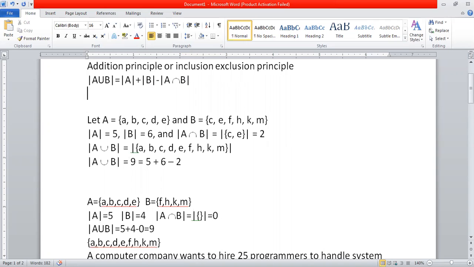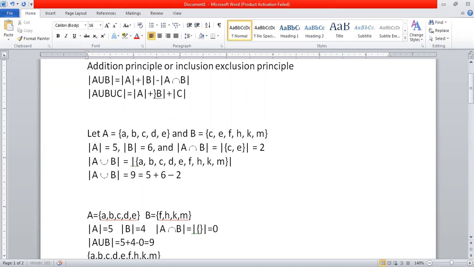So if we have A union B union C is equal to absolute value of A plus absolute value of B plus absolute value of C, addition of these three, minus and plus. What are the things which are minus and what are the things which are plus?